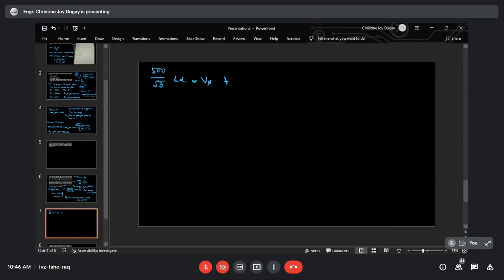We have now, in rectangular, 57.49 plus J 49.32. That is the rectangular form.